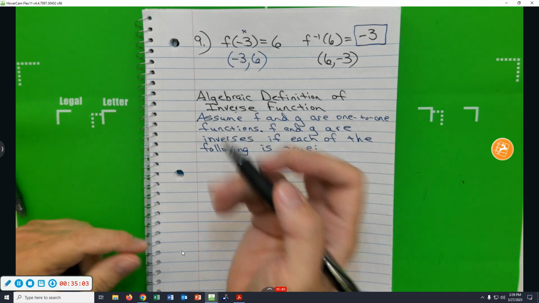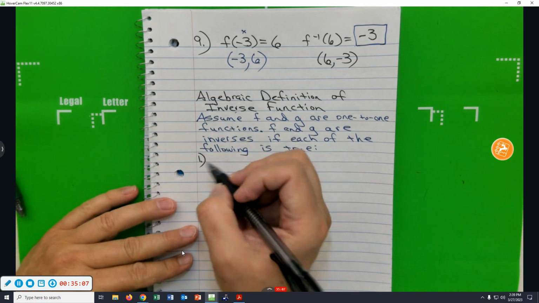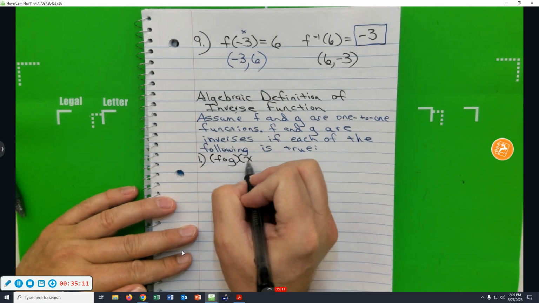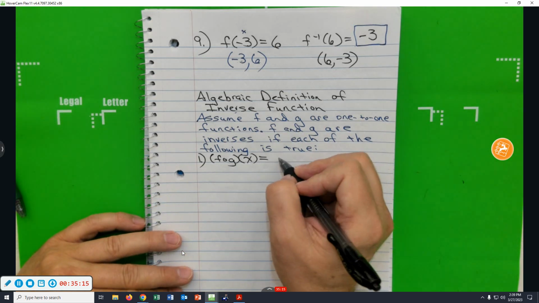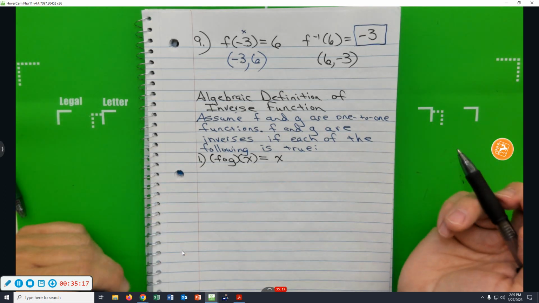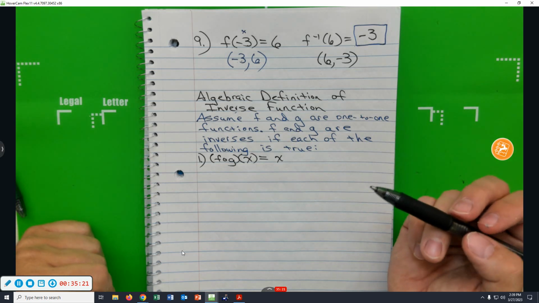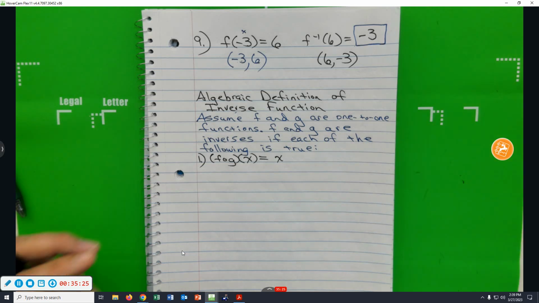Two conditions. The first one, f composed with g of x. Y'all remember fog and golf? f composed with g of x reduces to x for every x in the domain of g. So if you find the composition and everything cancels out except for x.